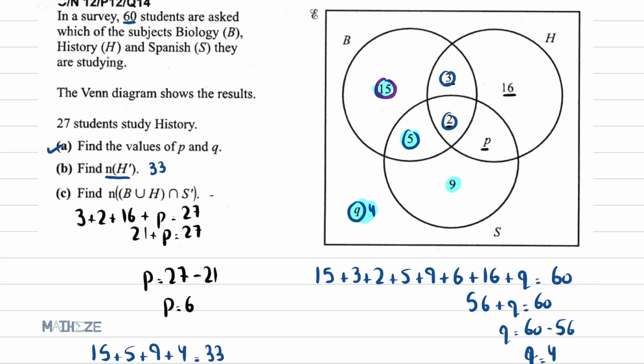Then it says B union H intersection S complement. Now this is a bit challenging part. Recall the shading concept. Inside B union H, write letters, right? In S complement, write numbers, everywhere except S. Guys, where do both numbers and letters come?